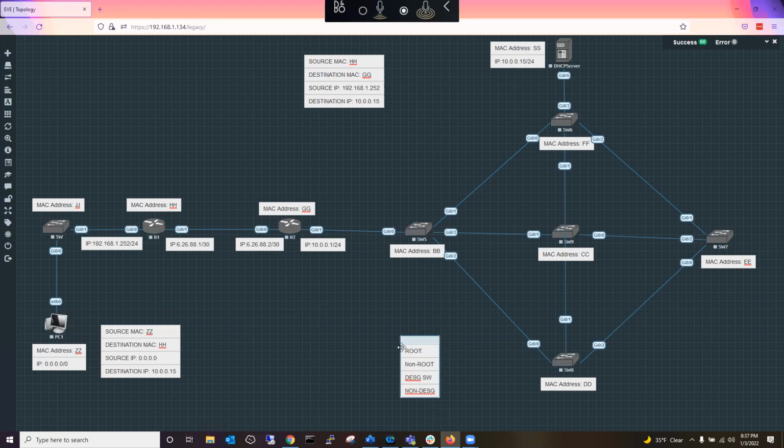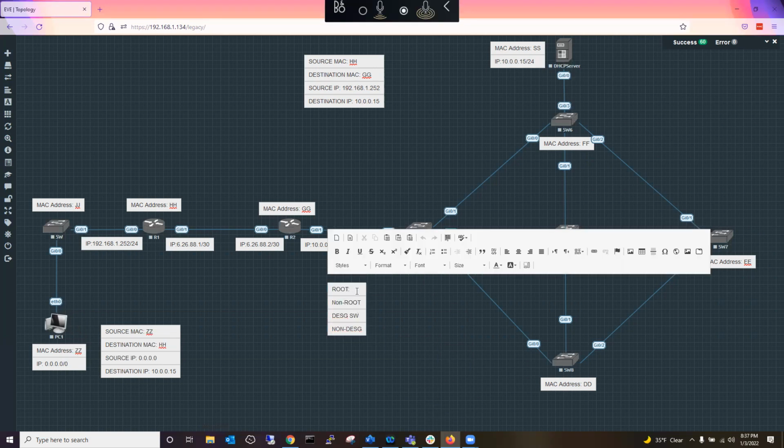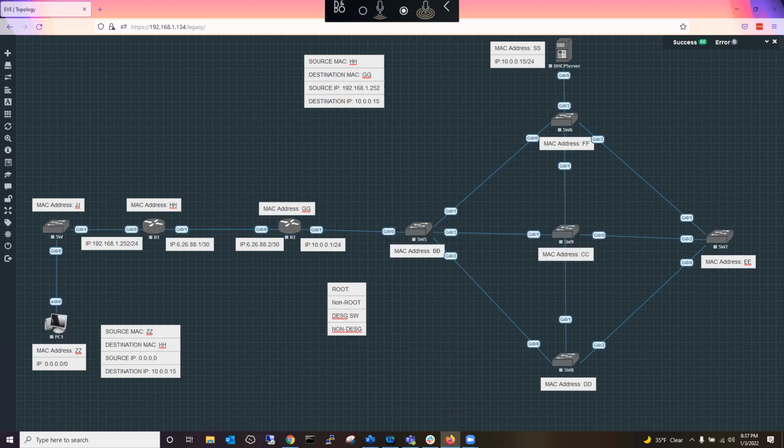Cool. All right. So the root is DD. I'm honestly not sure. I wasn't sure between DD or EE. It's okay. It's all right.